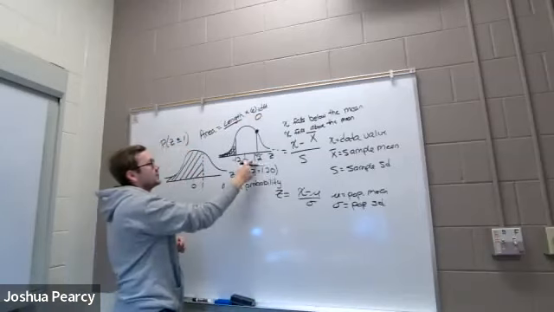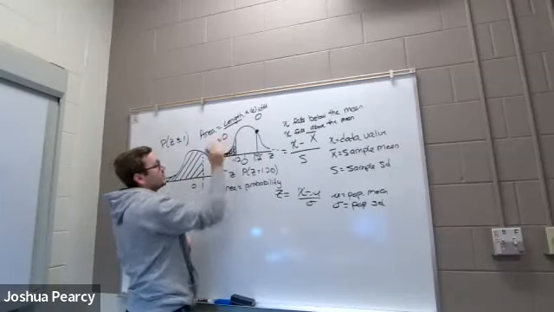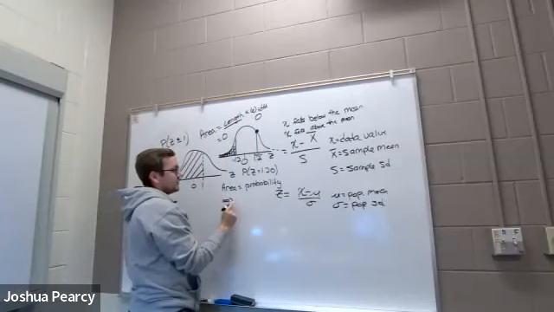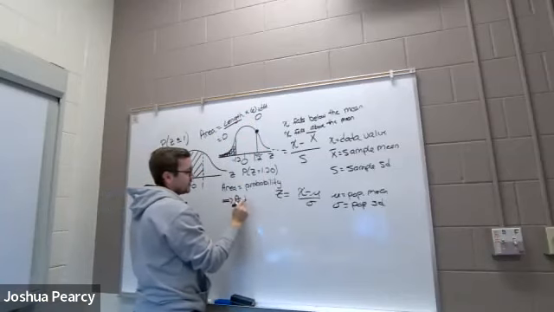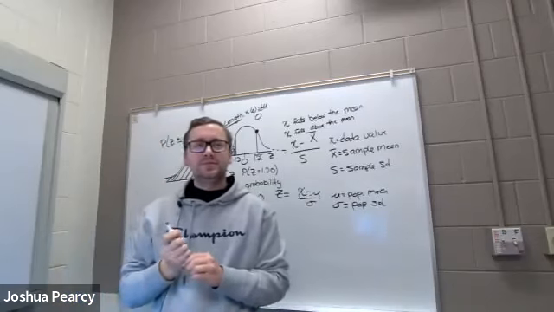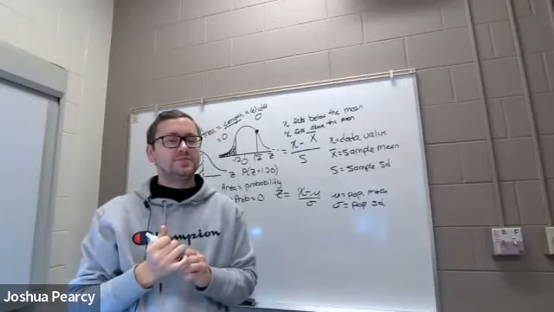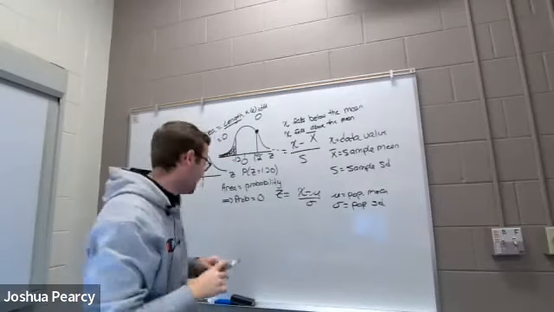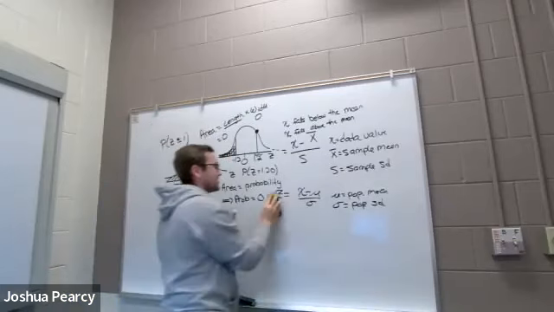So the area of just this line segment is equal to 0. Therefore, the probability is equal to 0. Did that make sense at all? Oh my Lord. Just remember this.